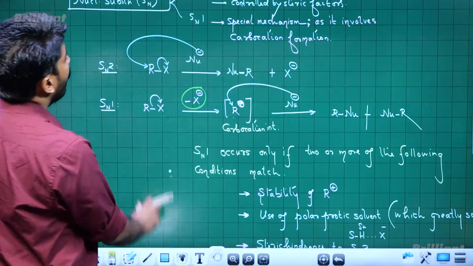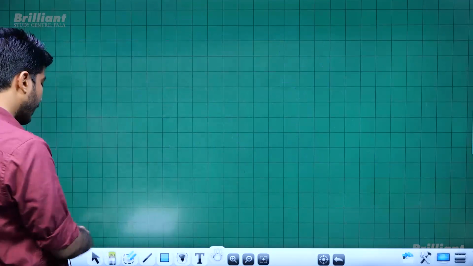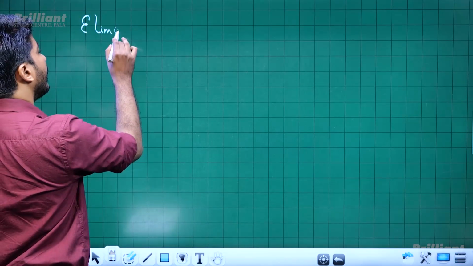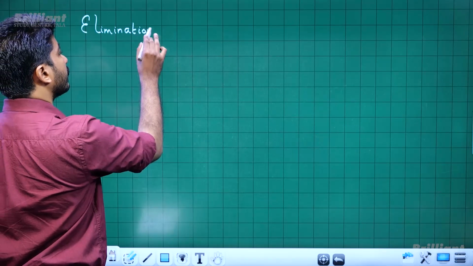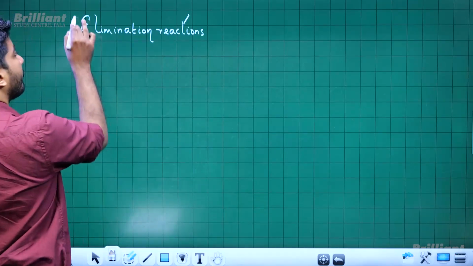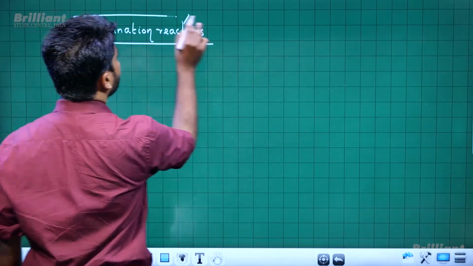Now let's see the duality of mechanism in elimination reactions. Let's simply call them E reactions.